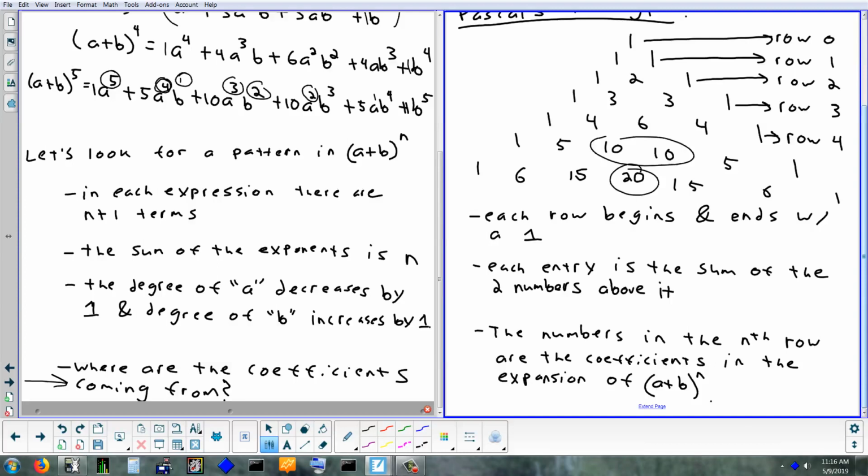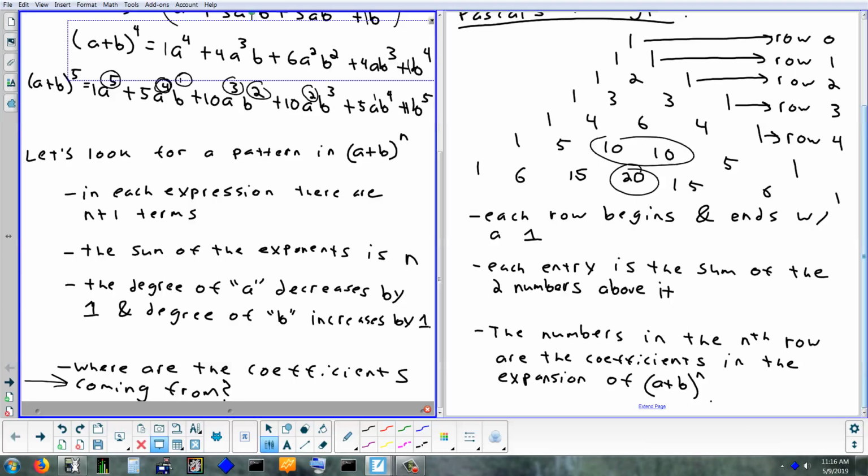So ultimately, I wouldn't ask you to expand out a plus b to like the 15th power. What I might say is, if you did out a plus b to the 15th power, tell me what the 10th term would be. So you get a bunch of terms when you do it out, and I just want to know one of them.